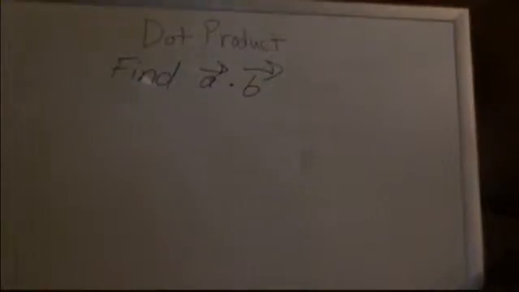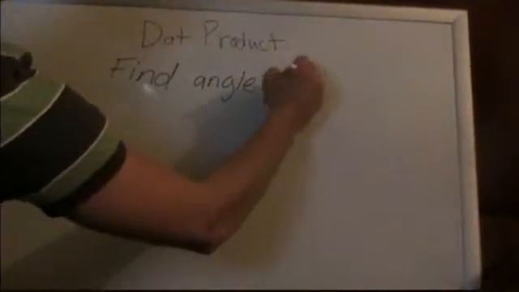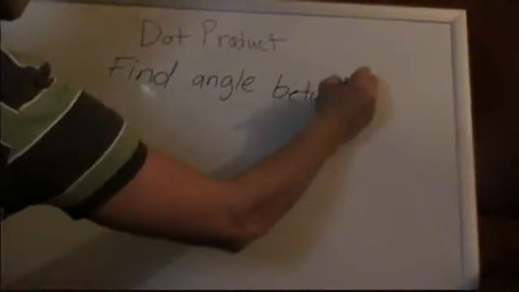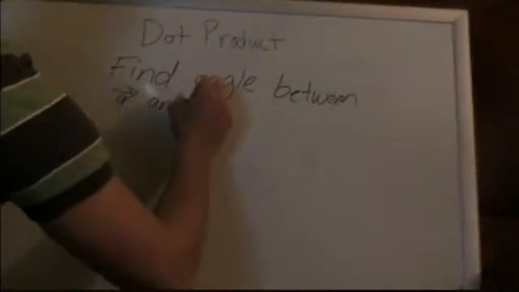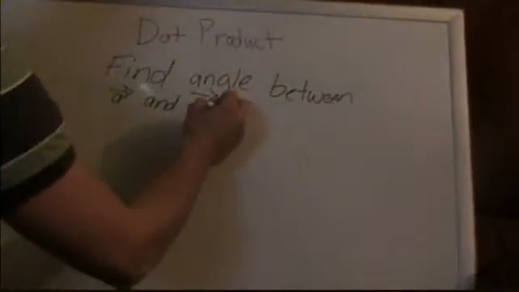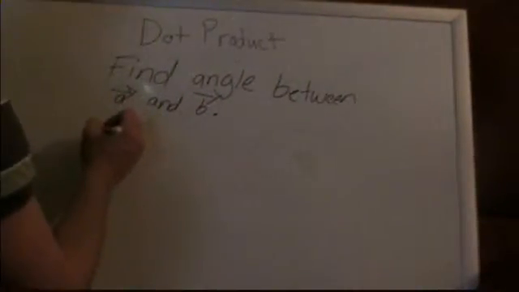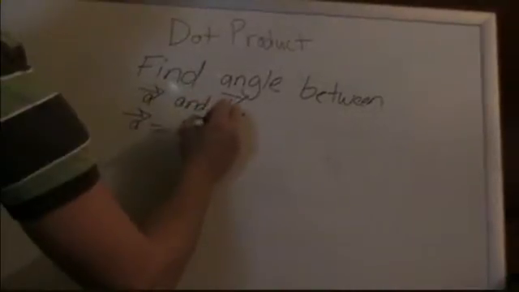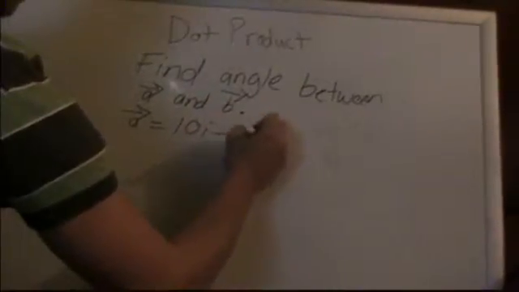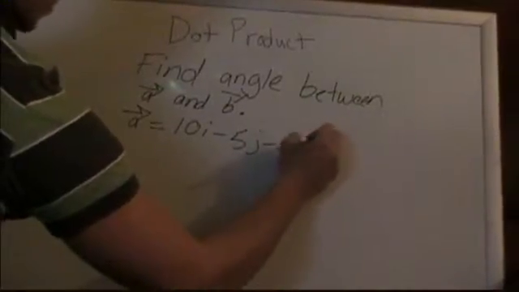It's actually also in with the magnitude of vector A and vector B. So say it said find the angle between vector A and vector B. And we'll say vector A is, let's do it written as 10i minus 5j minus 2k.